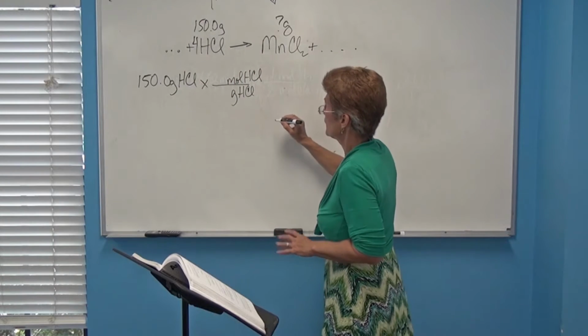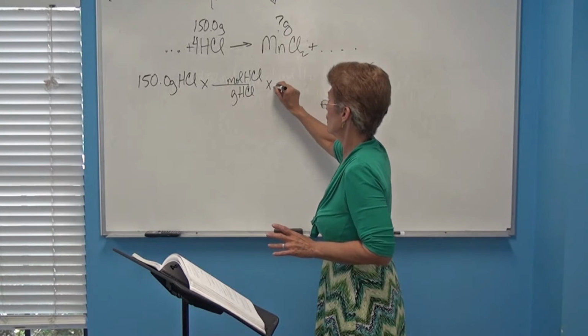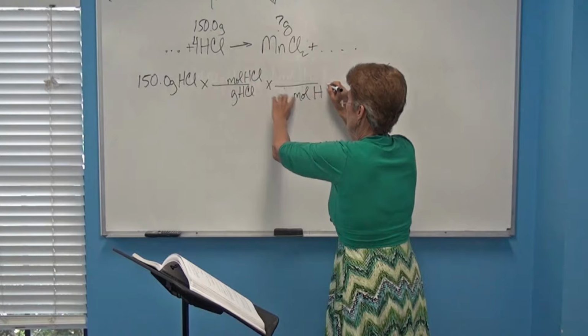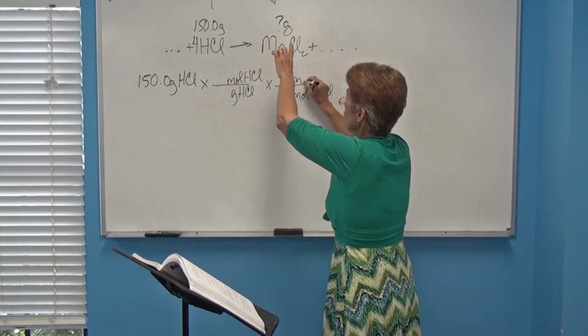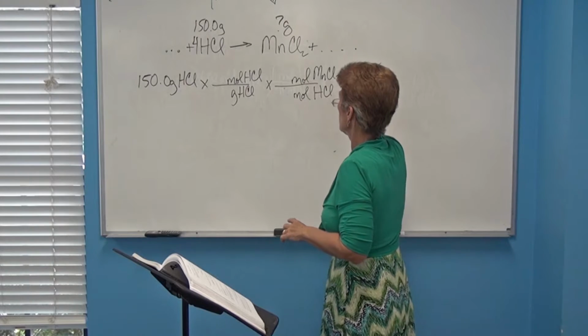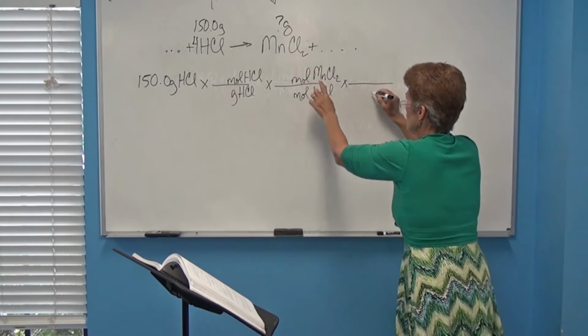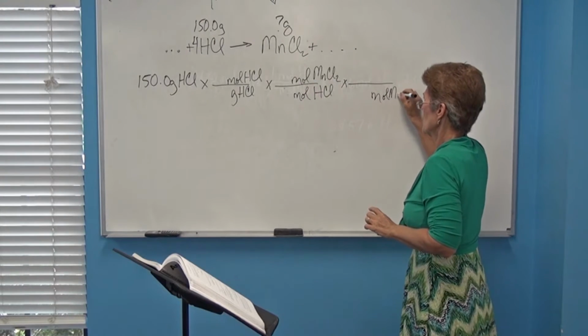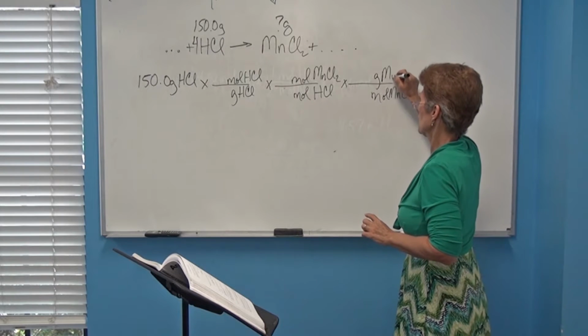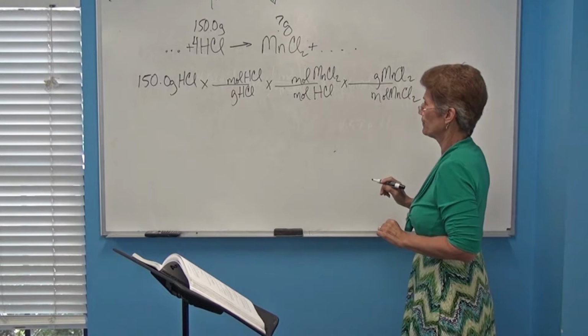And then I am going to go from moles to moles. So this goes here, and we're going to go across the mole bridge or the mole tunnel, manganese chloride there. And then this is going to go down here. And we're going to go to the grams of that.